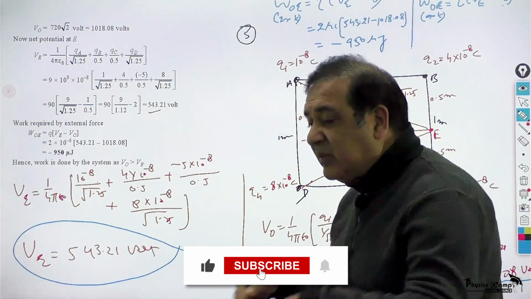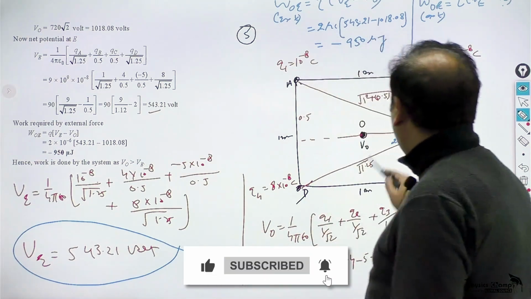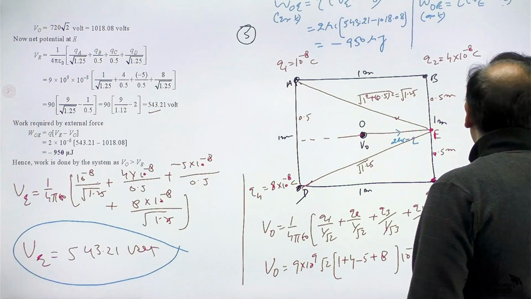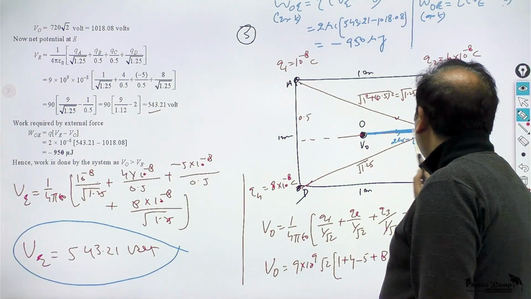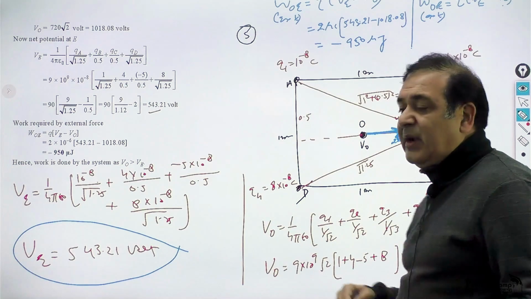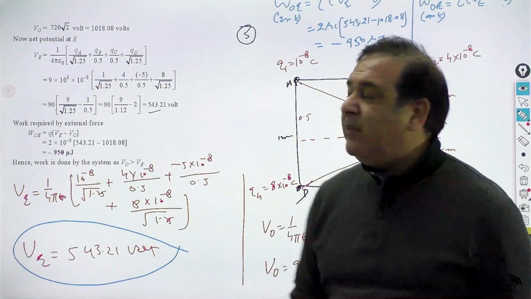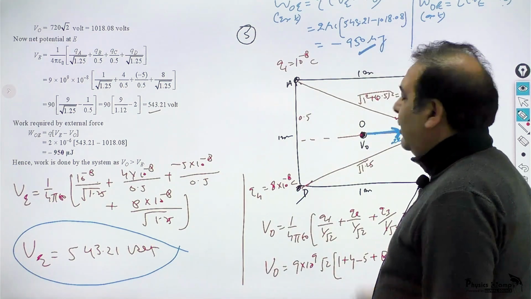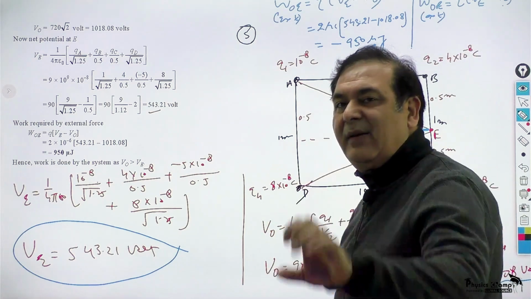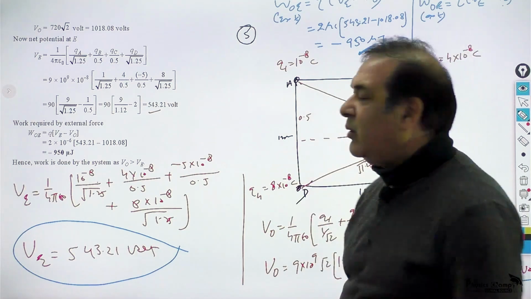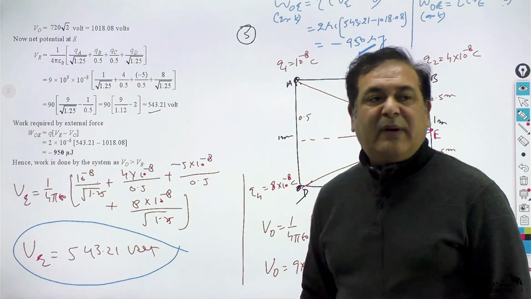It means the system will move it from O to E itself. So if we are looking for the shifting O to E, it is the charge itself that will move from O to E, and during that shifting 950 microjoule of energy will be used by the system.